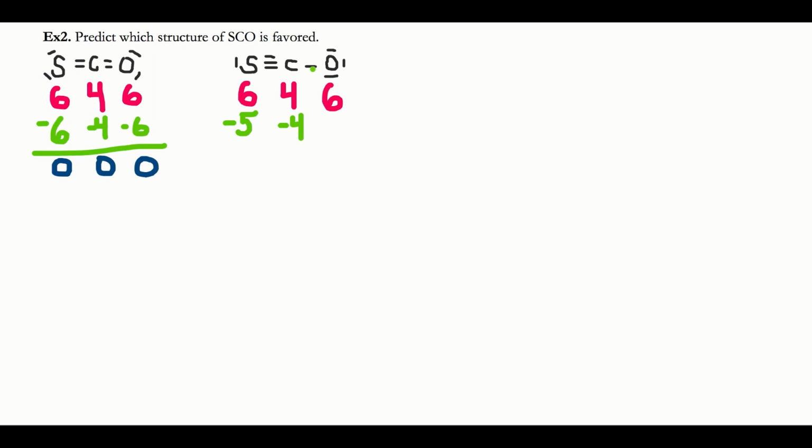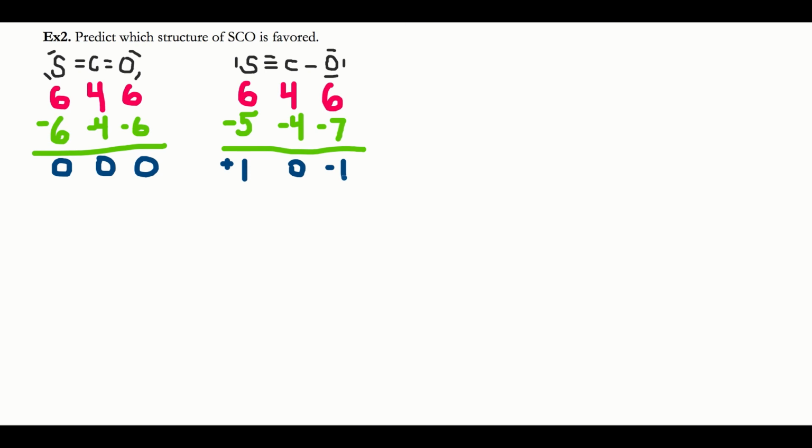Okay. And oxygen is going to be 1 for this bond, sorry, 1, 2, 3, 4, 5, 6, 7. Okay. So when I subtract, I get 6 minus 5, which is +1. 4 minus 4 is 0. Okay. And then 6 minus 7 is -1.